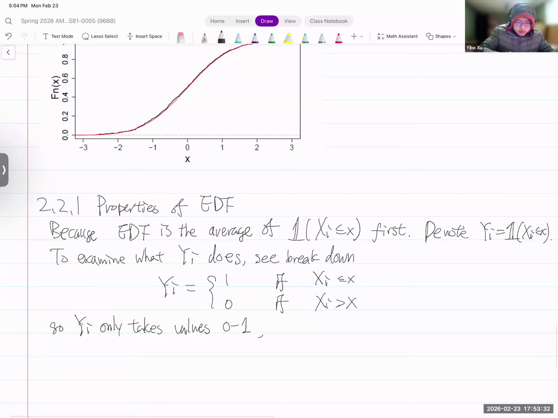So it is actually a Boolean variable. Not only is it Boolean, it's actually Bernoulli.